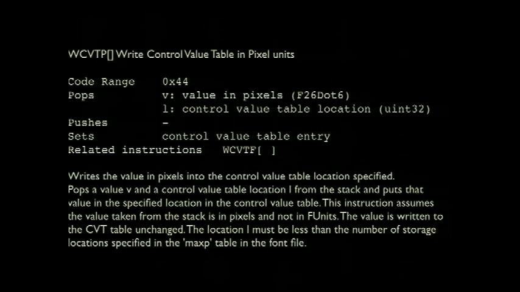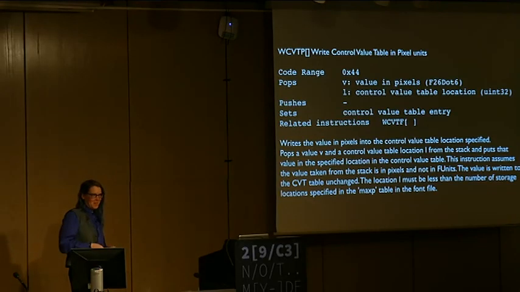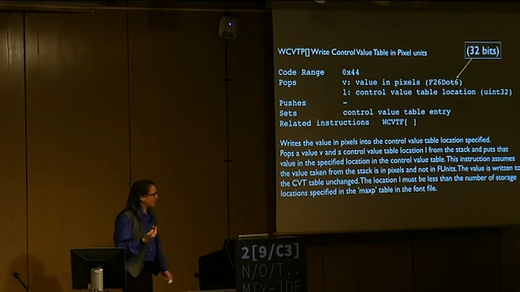And then there's the CVT, the control value table array, which is a similar sort of thing, except it's for the actual points that are used for drawing the outline of the font. And then there was one other array, which I think has another specialized use that I've forgotten now. But you can look at the documentation for it. I guess it's up on Microsoft's website.